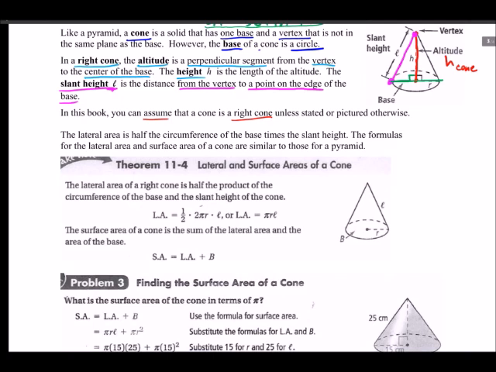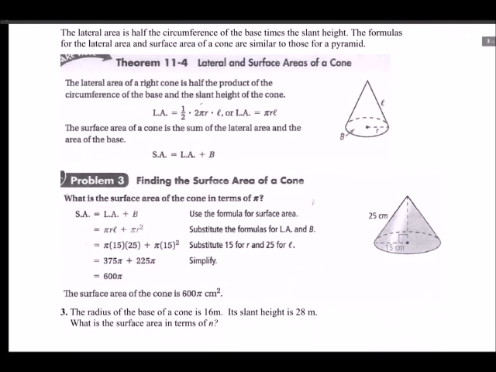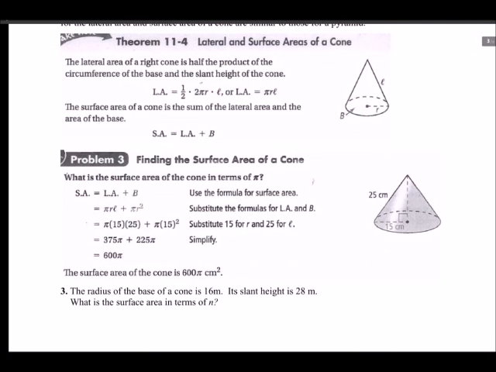Okay, so let's talk about lateral area and surface area of our cones. Let's look at our formulas here. It's very much the same as a pyramid. Let's draw our net. What does this look like when we unroll it?